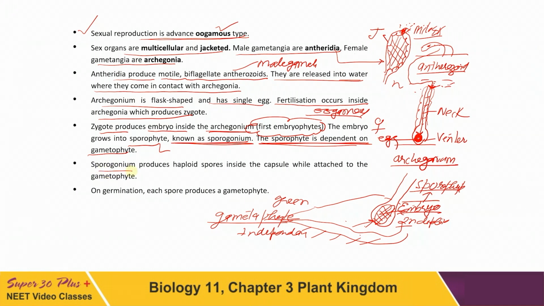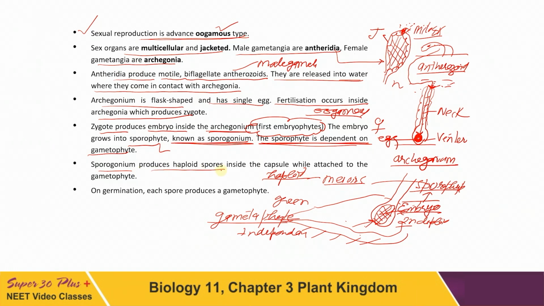You see, this is the sporogonium or sporophyte. Now in the sporophyte there will be meiosis. As a result of this meiosis, haploid spores will be formed, and again the life cycle will start.